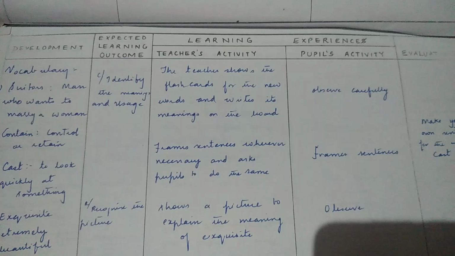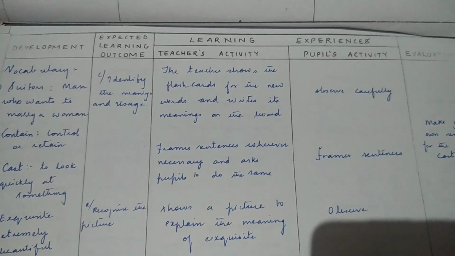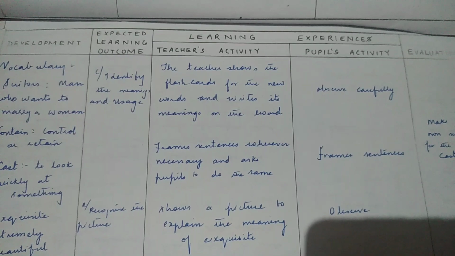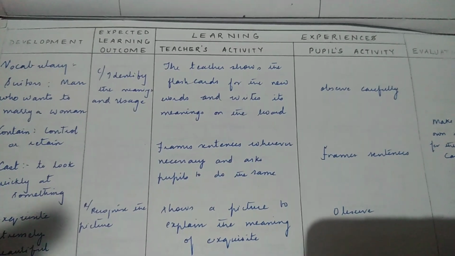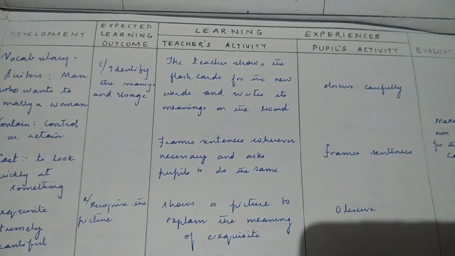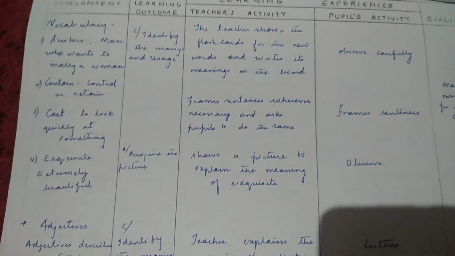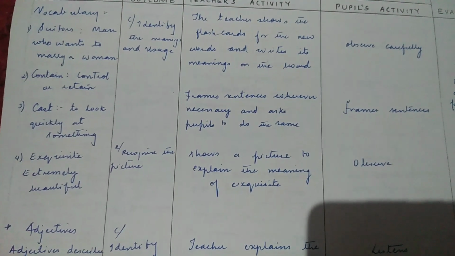Now, you would first show the flashcard and ask them to spell out that word. Once they spell out the word, you can ask the meaning, and if they do not answer the meaning, you can write it on the board. Now you can frame one sentence from your end using that word, and then you can call the students to write those sentences on the board, or ask them to write in their books.